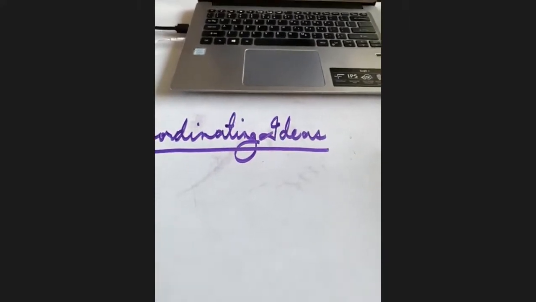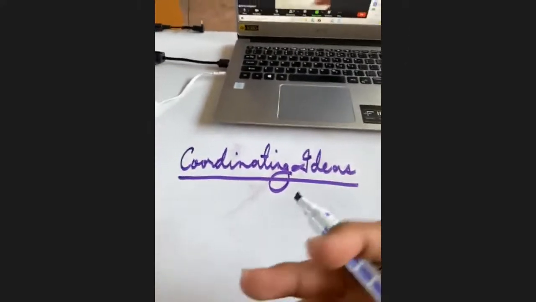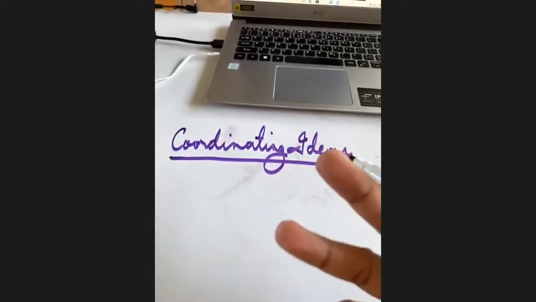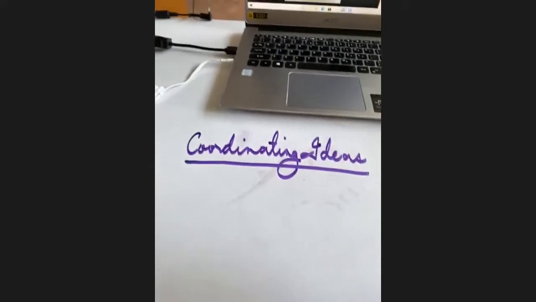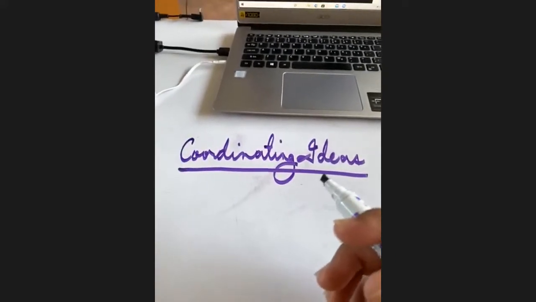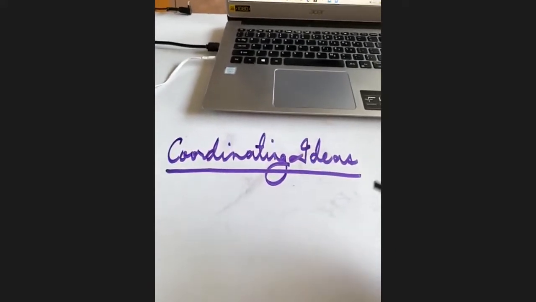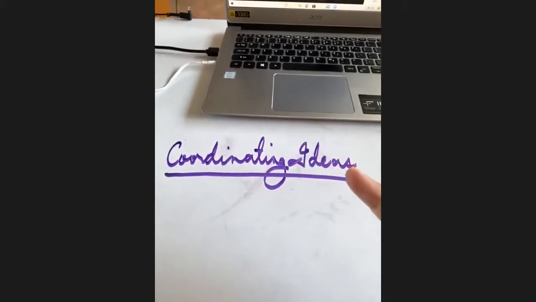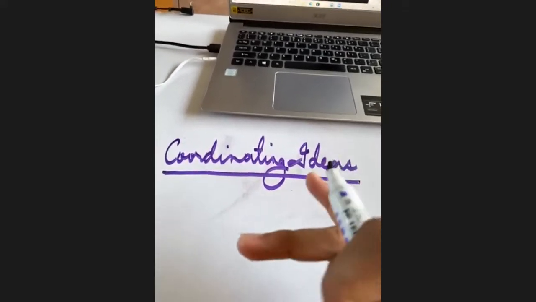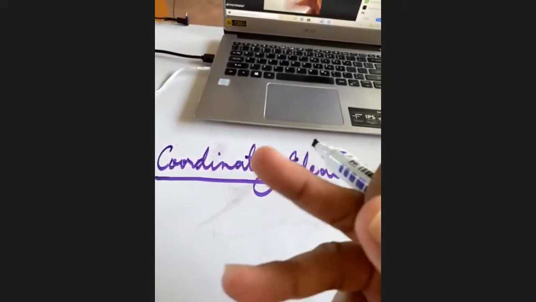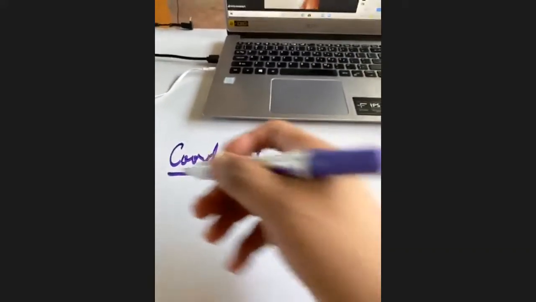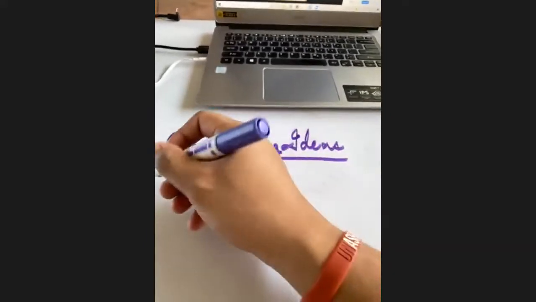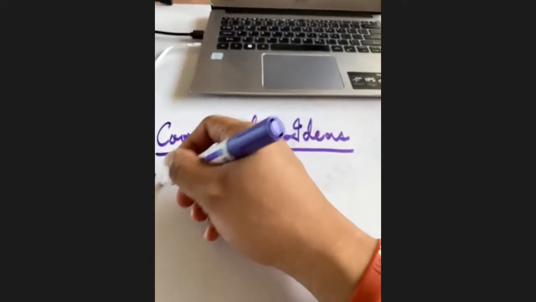Again, coordination as a process of combining ideas helps create a particular sentence according to structure. What are our sentence structures? You have a simple sentence, a compound sentence, a complex sentence, and a combination of these two, a compound-complex sentence. Coordination helps you create a compound sentence.